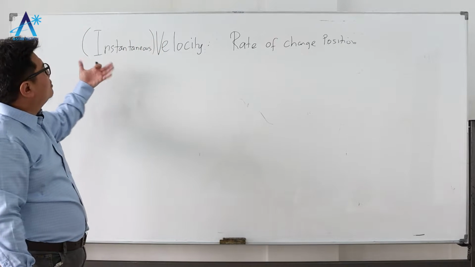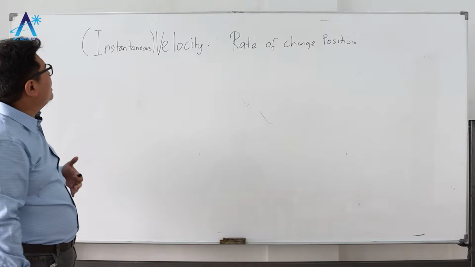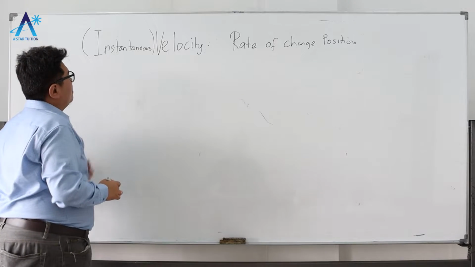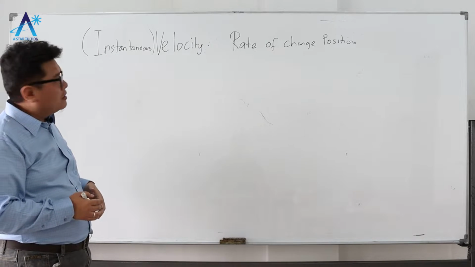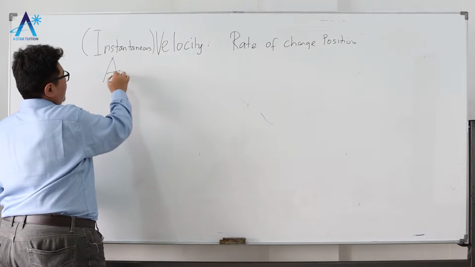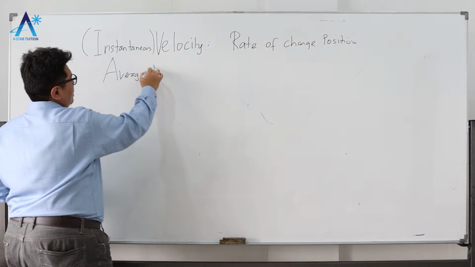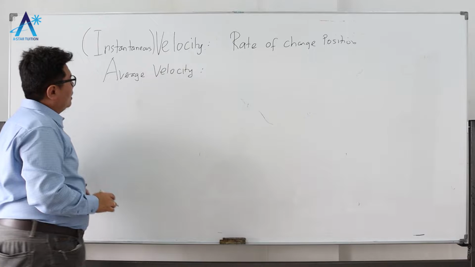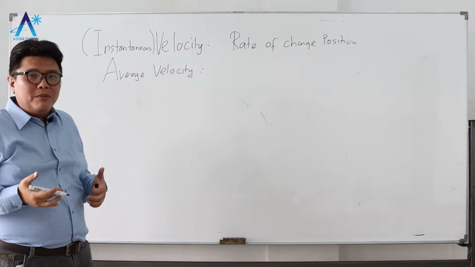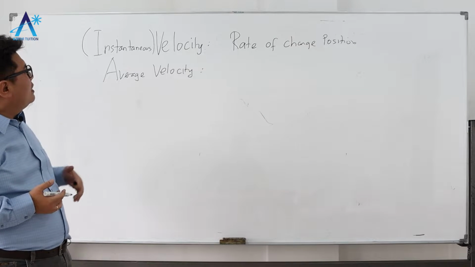You don't really have to say the word instantaneous, but if you say velocity, then by default it means instantaneous velocity. But then there's also average velocity. They are related, but there's obviously a distinction between average and instantaneous.